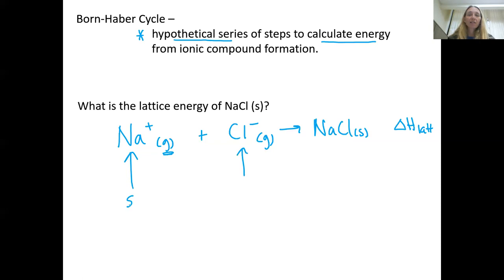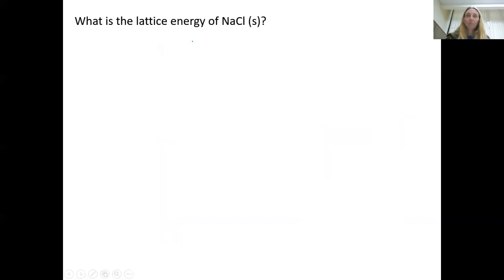These are usually solids or aqueous ions. Like if I dissolve sodium chloride in water, I get aqueous ions. So this reaction doesn't really happen. I can't take Na+ gas and Cl- gas and put them together. So I have to use knowledge from what I know.